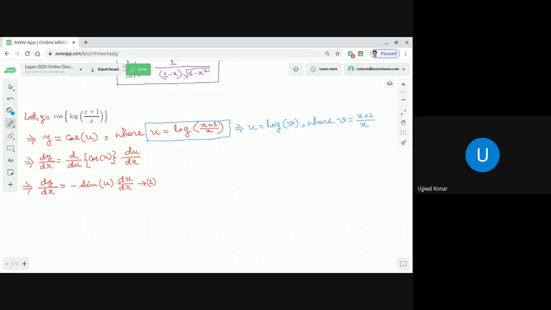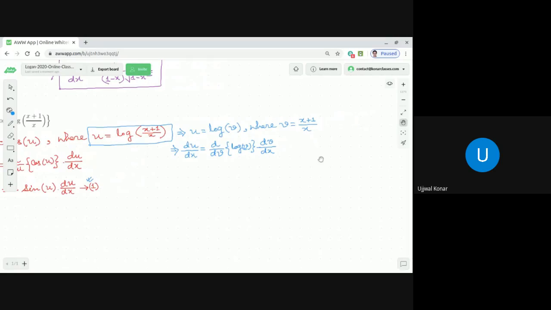I take u is equal to log v, then v has to be x plus 1 by x. So what is our task? Our task is to find du by dx, because that is governed by equation 1. So du by dx is nothing but d by dv of log v into dv by dx. Correct or not?